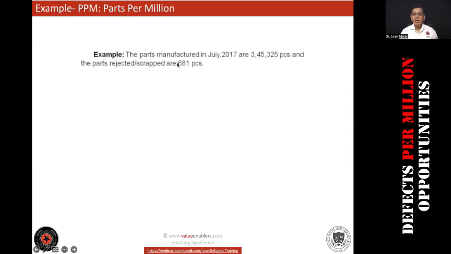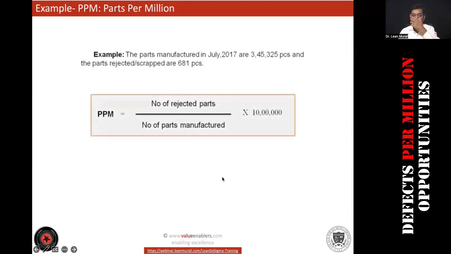Example, we will see. Let's say in this time so many pieces were manufactured and 681 were scrapped or rejected. So what is parts per million? Just type the number on the screen, that's enough. Yes, that's right, times 10 power 6, that's important.